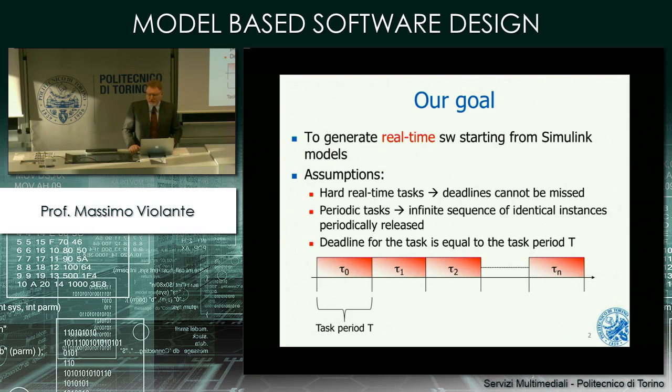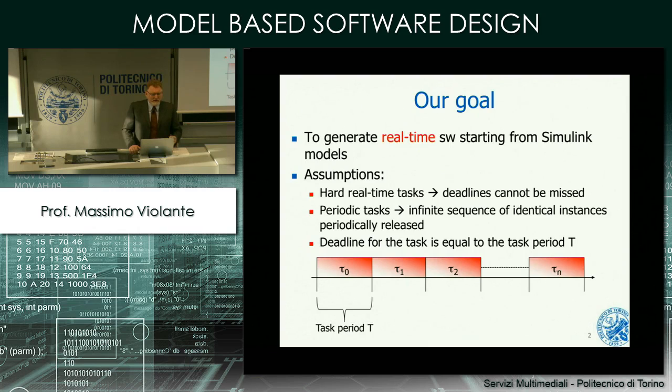So what does it mean that we are generating real-time software? This means that we are working under the following assumptions. We are working with hard real-time tasks. So our code is encapsulated into a task. This task is subject to hard real-time constraints.